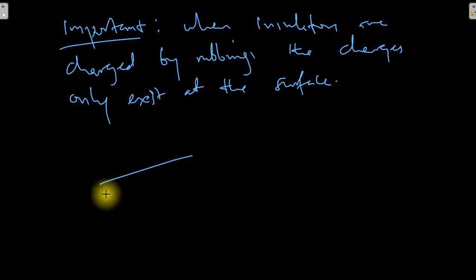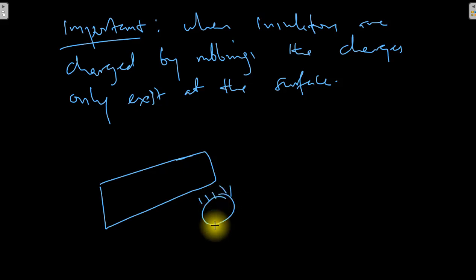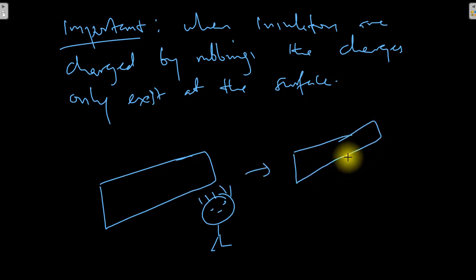For example, if a piece of glass is rubbed against human hair, let's assume the piece of glass gains positive charges. These positive charges will only reside on the surface, not inside the material of the glass, but rather outside the surface, because this is an insulator.